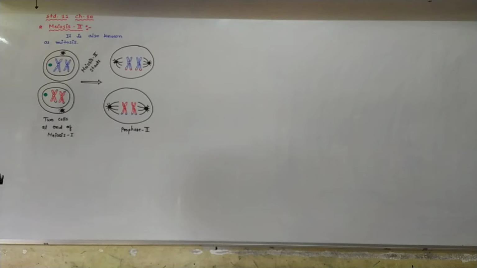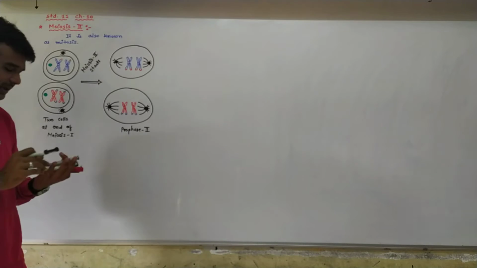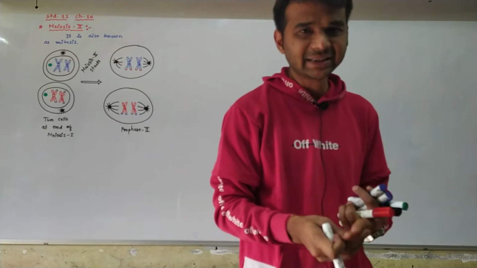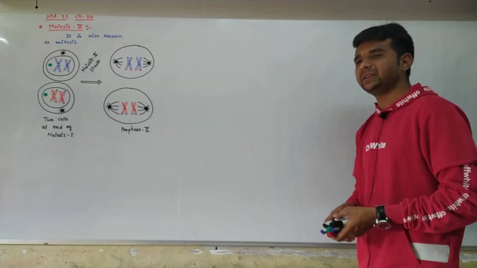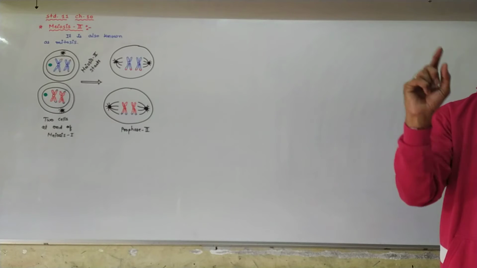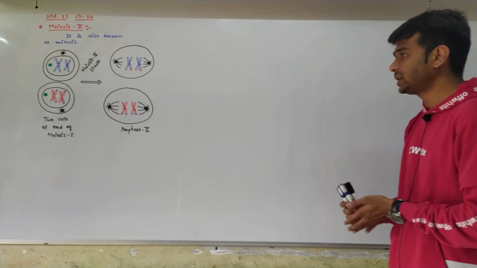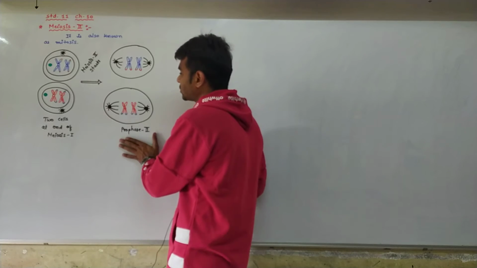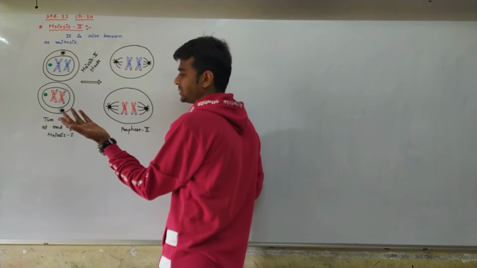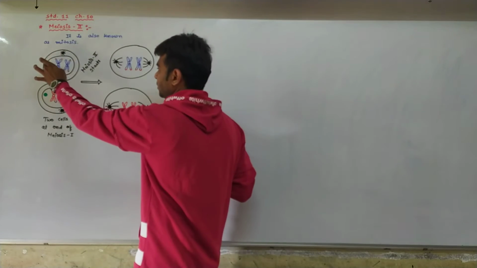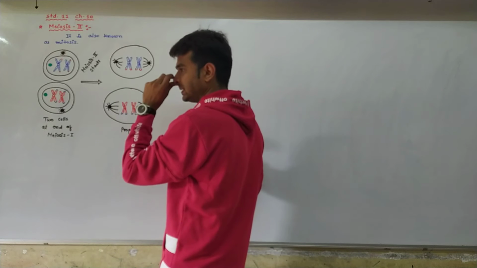I hope there is no need to write that prophase 2. Here you copy paste each and every point which I told you in the prophase of mitosis. Here, in prophase 2, first of all, the nuclear membrane disappears, the nucleolus disappears.